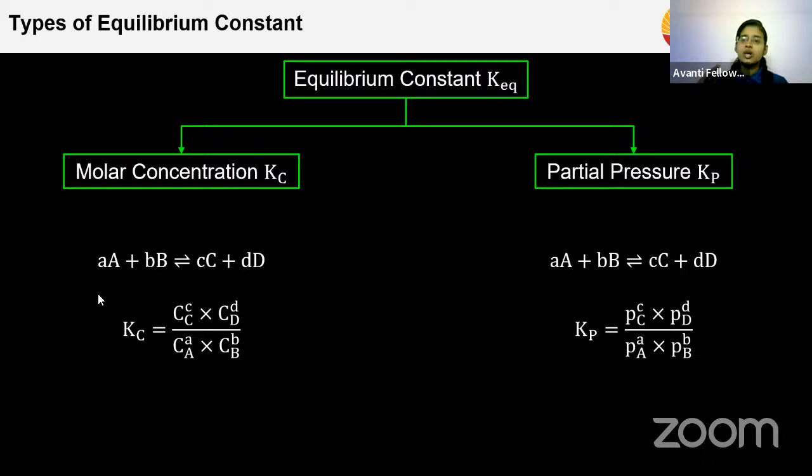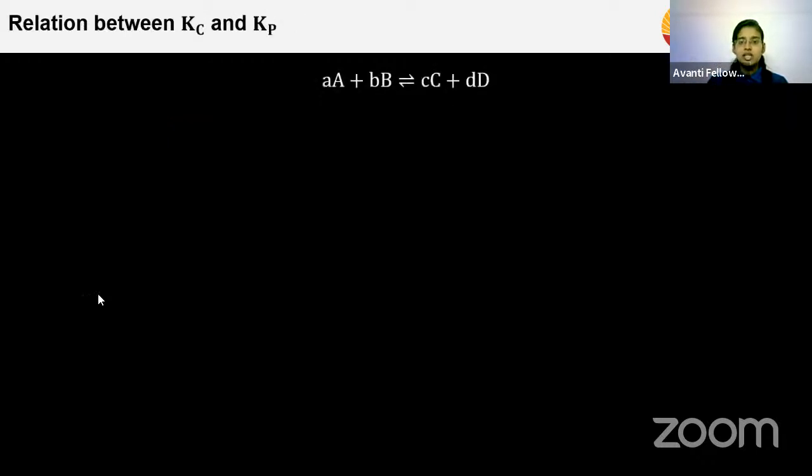So now let's go ahead with the relation between Kc and Kp. This topic is very, very important for your school exam as well as for your competitive exams. Relation between Kc and Kp.